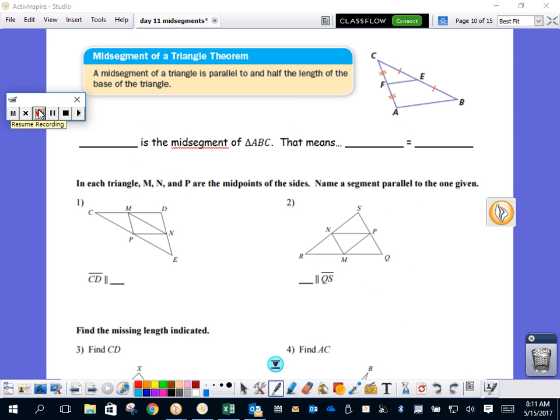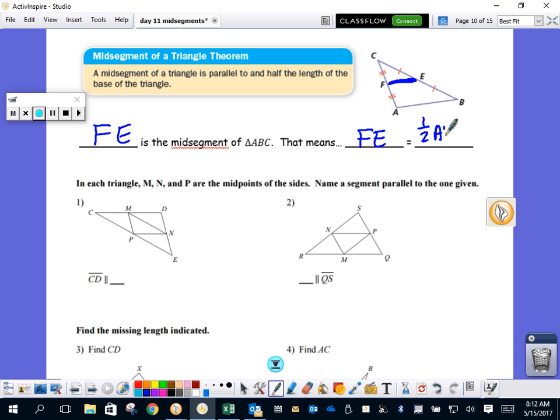So, the midsegment. Brianna, in this picture, which segment is the midsegment? FE. So, if FE is the midsegment of triangle ABC, that means it is 1/2 the length of what? 1/2 AB.